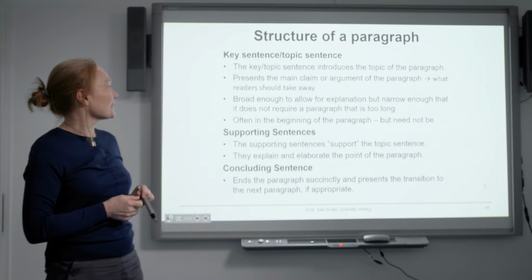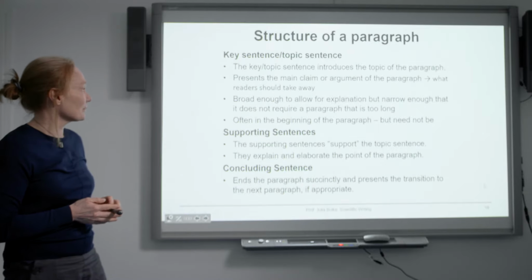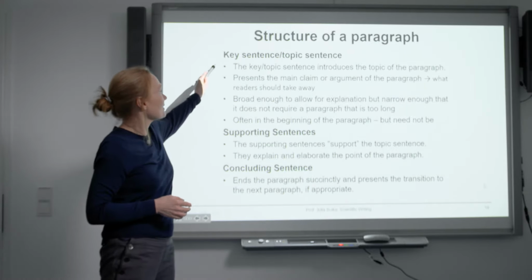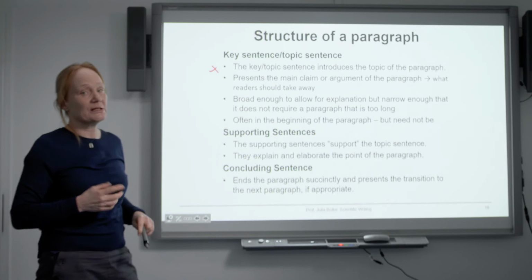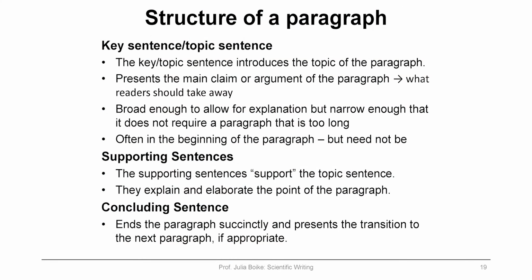So the key topic sentence introduces the topic of the paragraph. I will talk about this soon also in detail again. It presents the main claim or argument of the paragraph. It should be broad enough to allow for explanation, but narrow enough that it does not require a paragraph that is too long, often in the beginning of the paragraph, but doesn't need to be. And then the supporting sentences support the topic sentence.